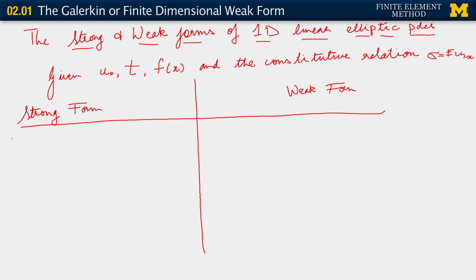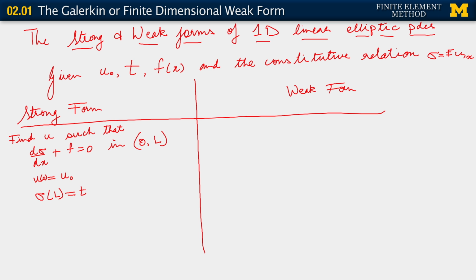So the strong form is: find U such that d sigma dx plus f equals 0 in the open interval, and we have the boundary conditions u at 0 equals u naught, and sigma at L equals T. That is our strong form.